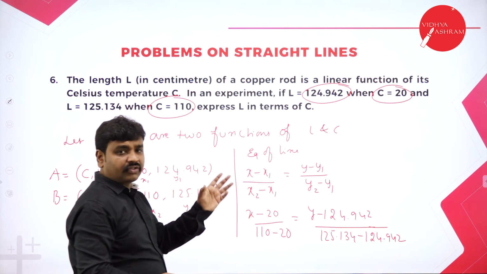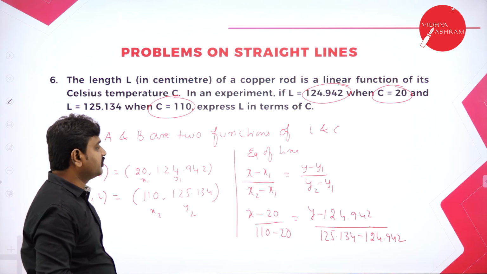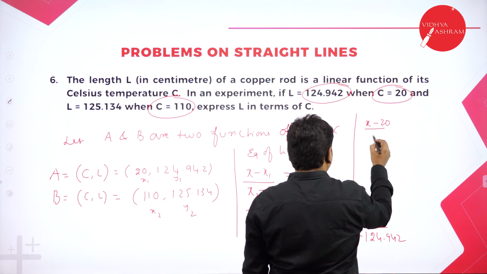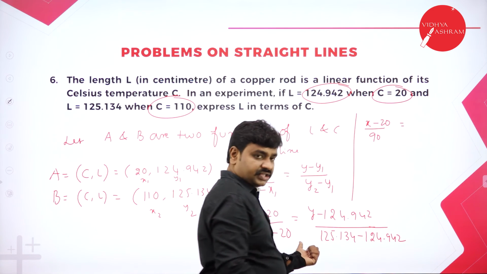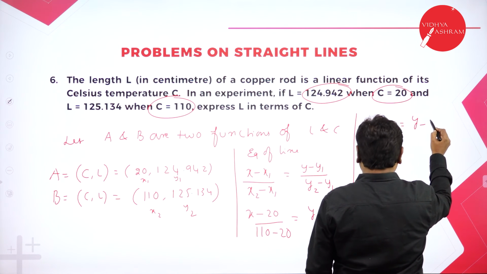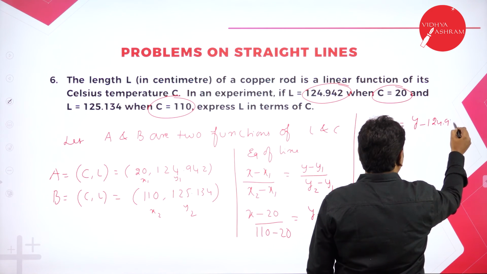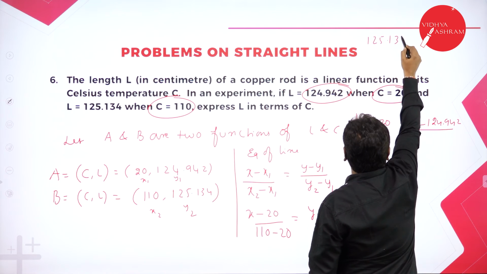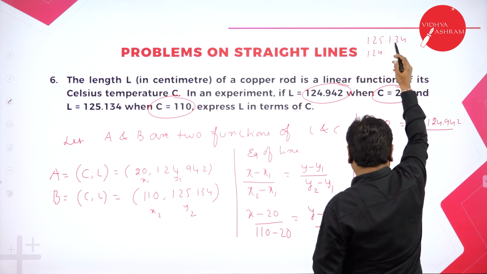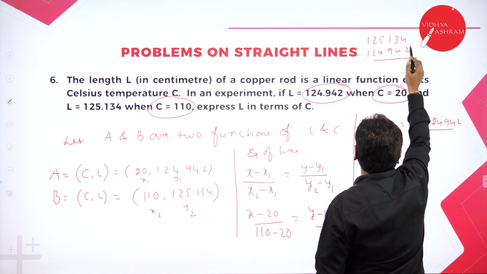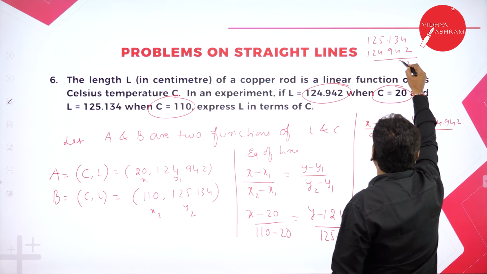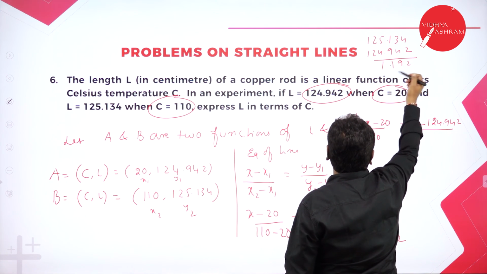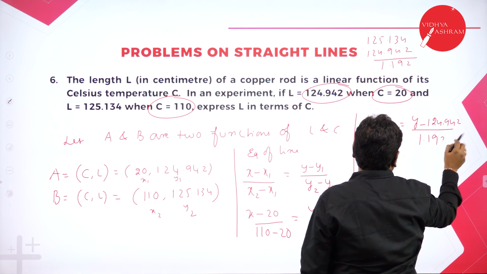So simplify this and form an equation of the line. Further simplifying, (x minus 20) divided by the denominator 90, that is 110 minus 20, and in the numerator y minus 124.942 divided by, subtracting these two, 125.134 minus 124.942, it comes to 0.192.